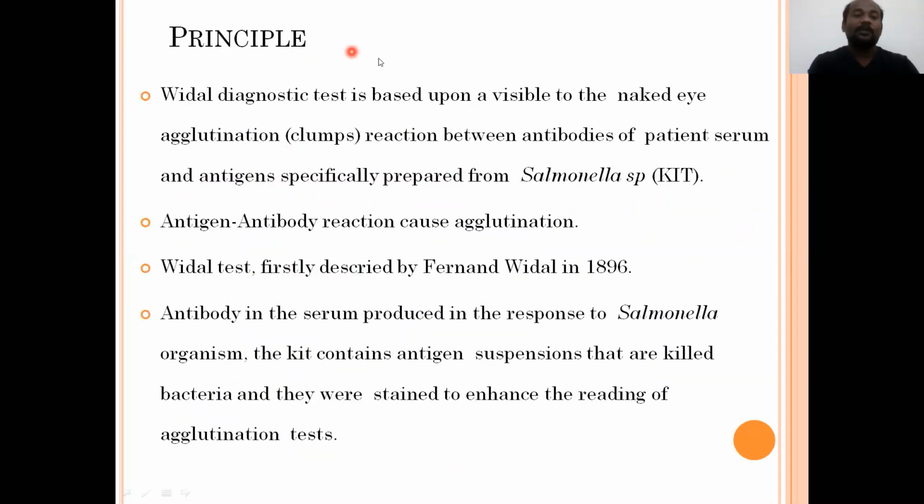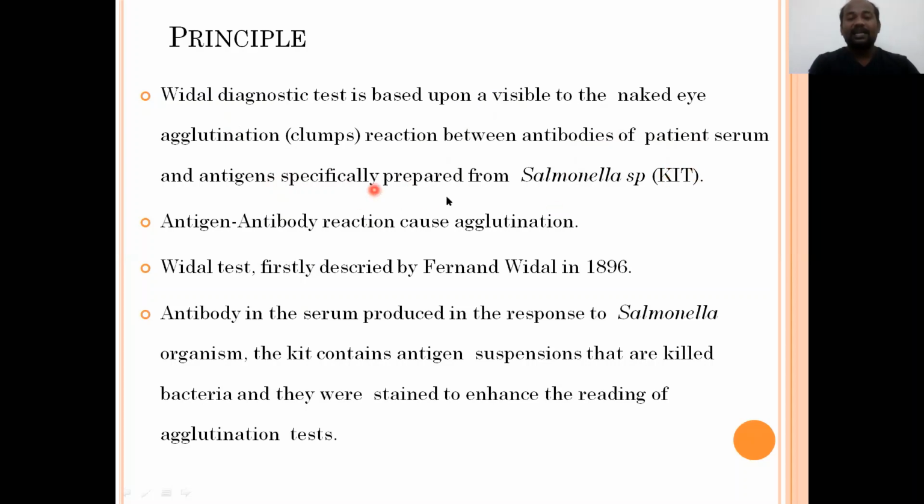So what's the principle involved in the Widal test? The Widal test works based on antigen-antibody reactions. In this case, an agglutination reaction takes place between the antibodies present in the patient's blood and the antigens specifically prepared from the Salmonella species provided in the Widal test kit.